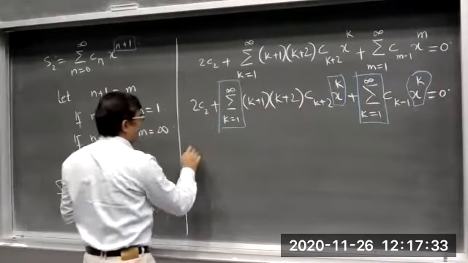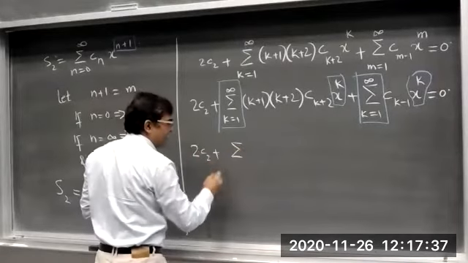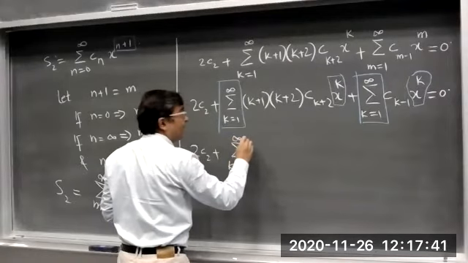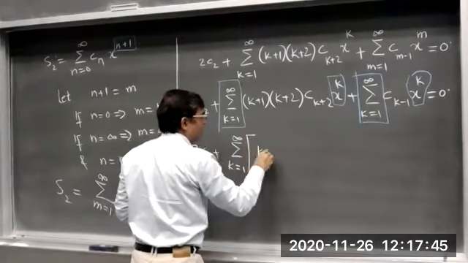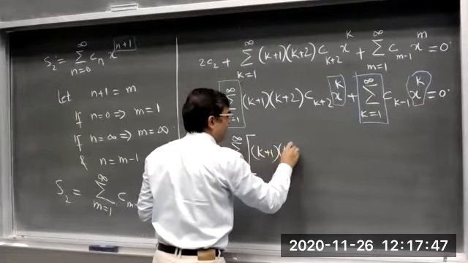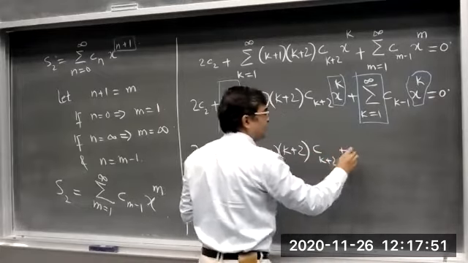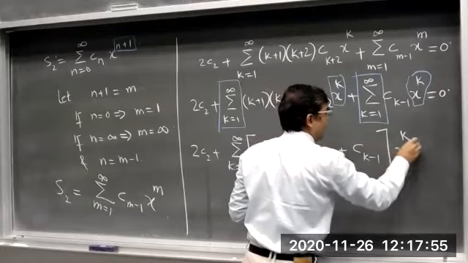So now we can write 2c2 plus, taking the common summation k from 1 to infinity, then k plus 1, k plus 2, c k plus 2 plus c k minus 1 times x power k equal to 0.